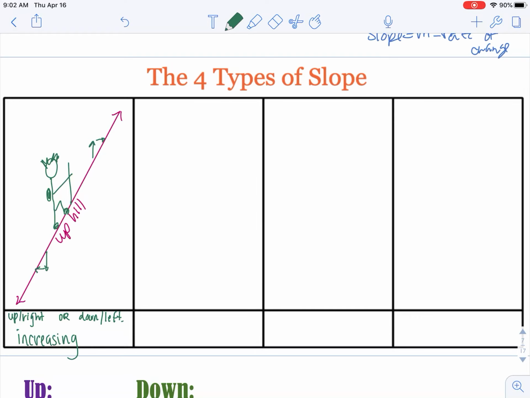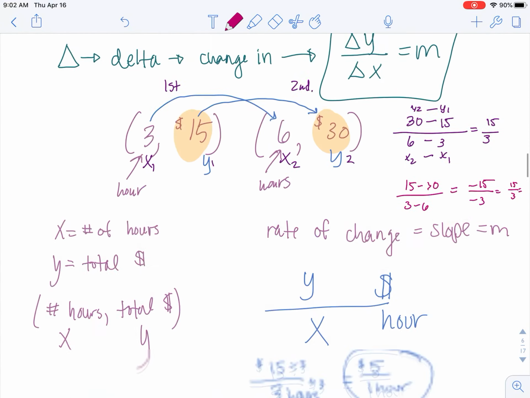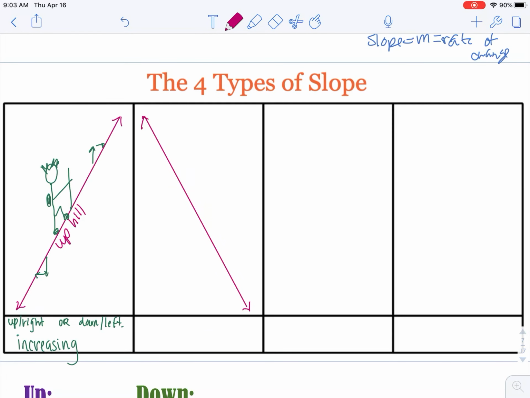Okay, our next type of slope is when a line is facing down. Now, notice like I said, if we're going down, facing down like this, the steepness can change. It's going to go anywhere from horizontal to vertical, anywhere between there is going to be a down line.